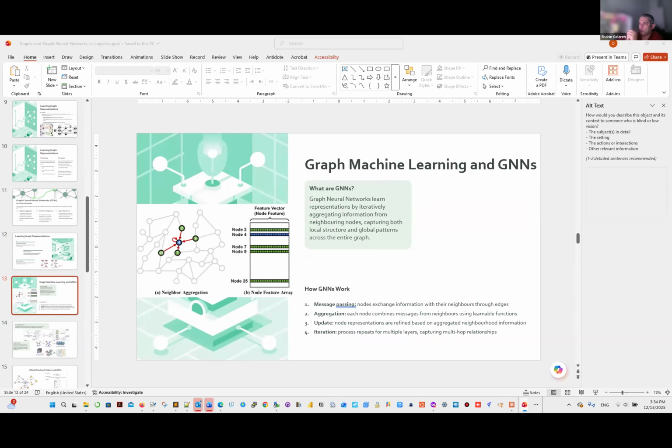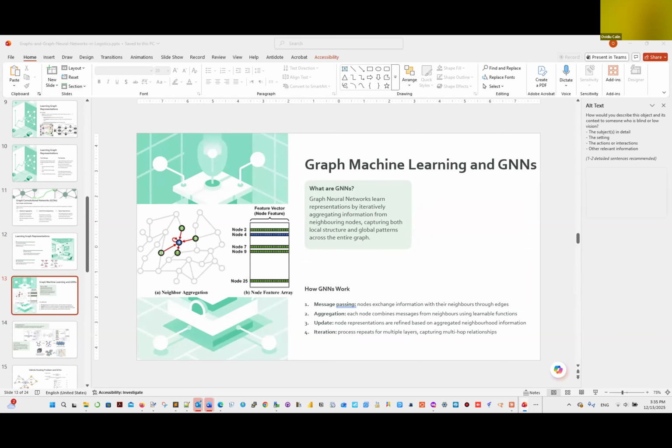The important component is message passing: every node is aware of itself and also of the neighboring nodes, the immediate ones. If we add one more layer, it will also be aware of the nodes in the second neighborhood, with radius 2. If we add one more layer, it will be aware of the third, and so on.